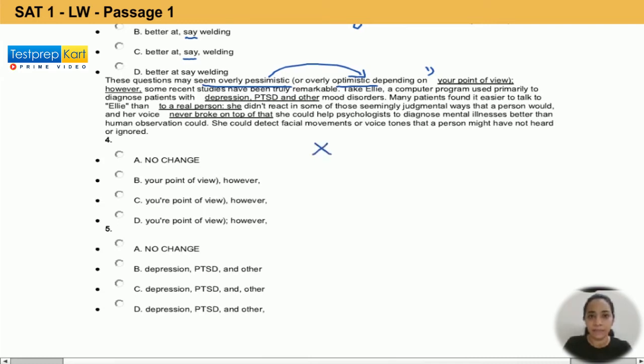That's the first part. Then we have a semicolon. Then we have however and a comma. And then the why part is coming, right? Which is some recent studies have been duly remarkable, right?